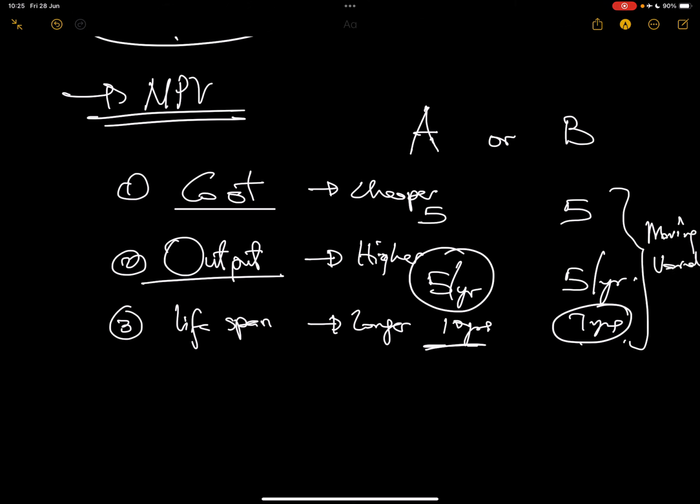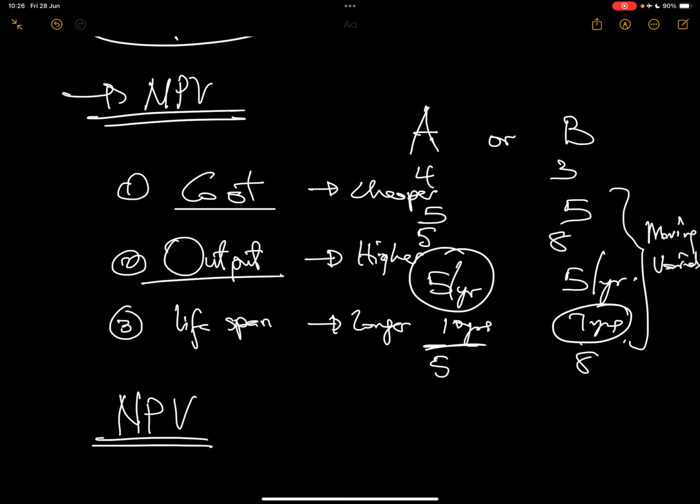because the reality is that it will not be this straightforward. It's possible to have cost different, output different, and lifespan different. So you cannot just decide whether you want to do asset A or B on the face of it. And that is why the concept of net present value is very important, and that is what you have to use.